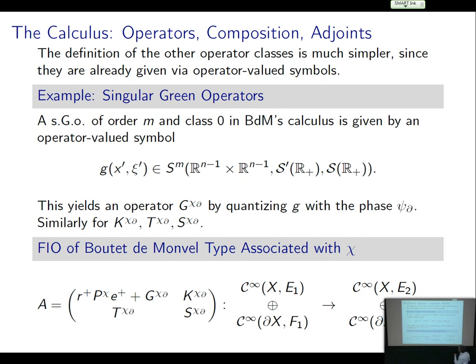So this is so nice. You can simply define the Fourier integral version of the singular Green operators just by taking this symbol and quantizing in the tangential direction with the symplectomorphism given at the boundary. And the same thing you can do for the other entries. So nothing happens here. Actually, this is just a standard Fourier integral operator along the boundary as in the usual harmonic calculus.